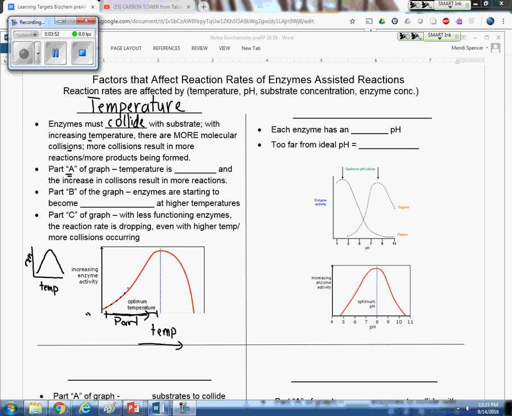So there is more collisions, more reactions, and so as you go to warmer and warmer temperatures, the reaction rate goes up. At a low temperature, so let's put a low temperature here, then we have a pretty low rate. But as we increase the temperature, so let's go right here, we can now see we have a higher rate.